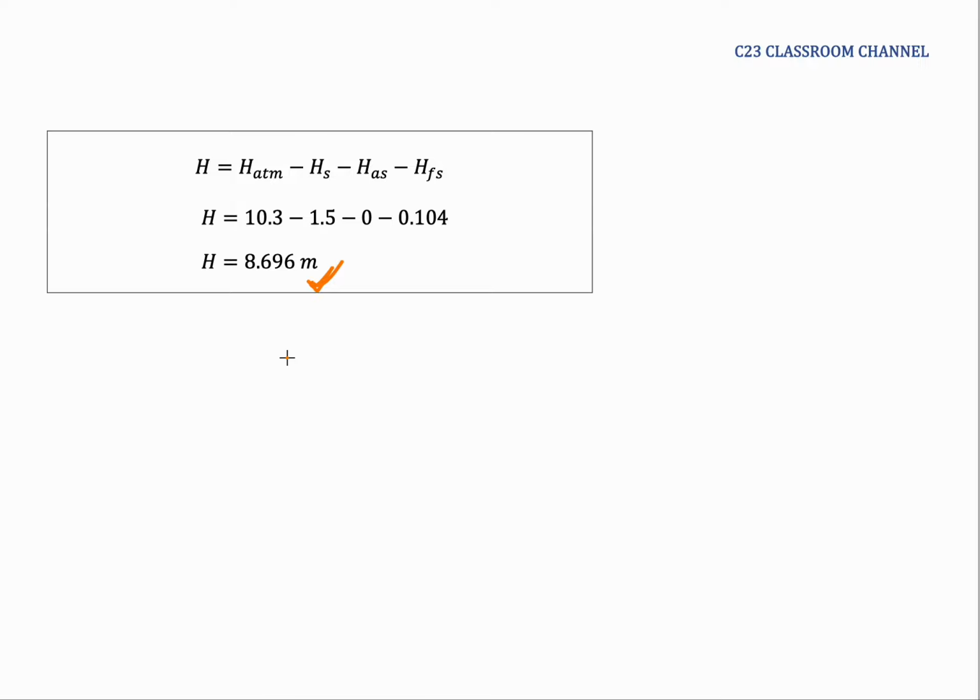You will find that the value is increasing. You must understand that this is absolute pressure, so the increment shows that the suction is becoming weaker and weaker, because it is approaching the same value as the atmospheric pressure.